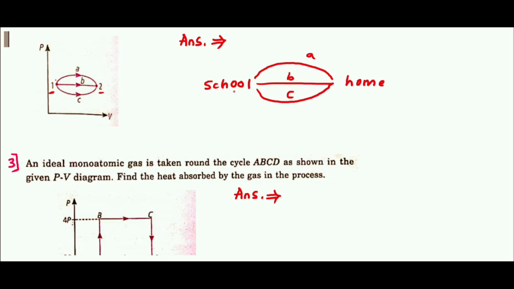So here we can say that the work done is positive, since this is a cyclic process, therefore it is in a positive direction. The sign convention is clear. And in all three processes, since the gas expansion is going from 1 to 2, this person is going from school to home, that is, he is expanding, therefore it is of positive sign.